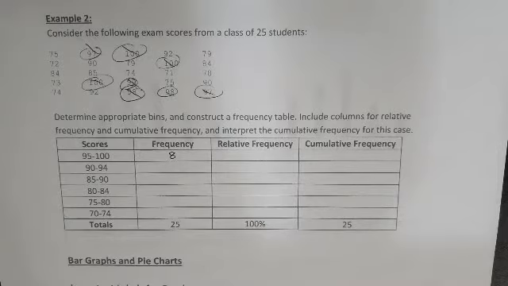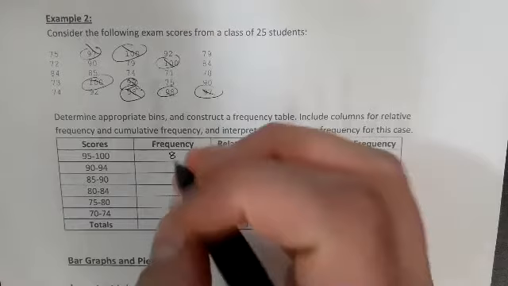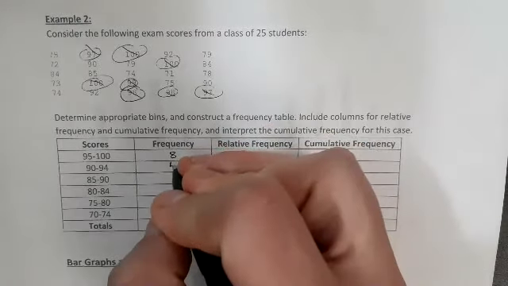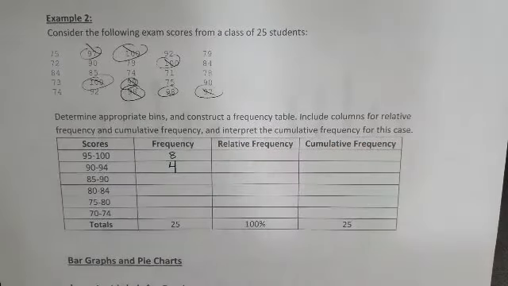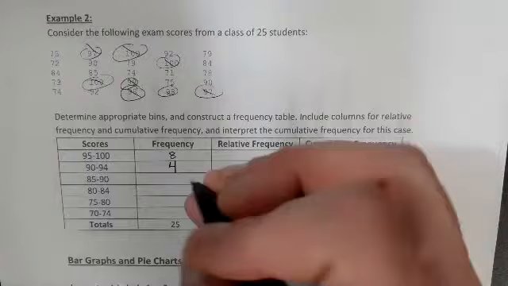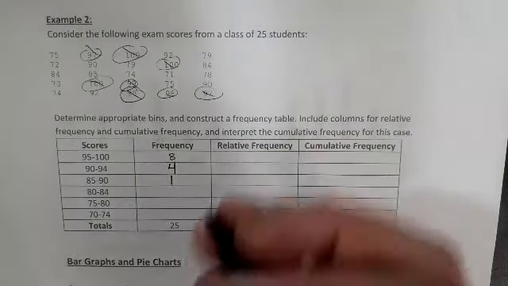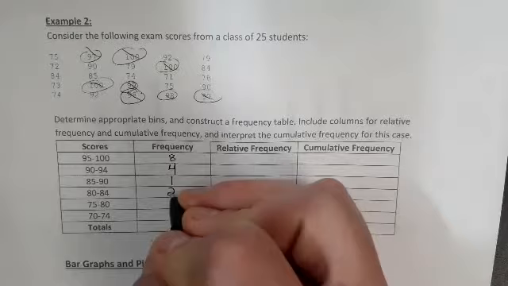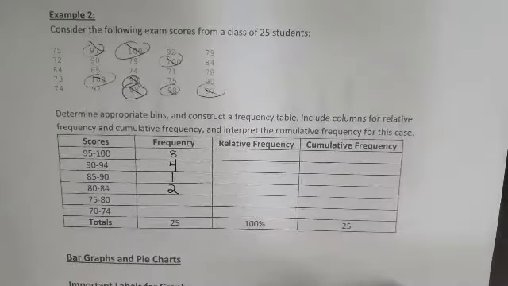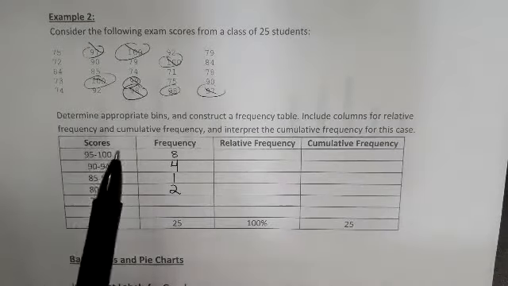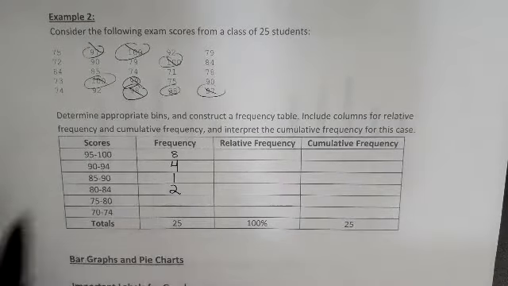You should be able to count every number between 90 and 94. You get that there are 4 numbers between there. Between 85 and 90, there is 1 number. Between 80 and 84, we get 2 numbers. So 95 to 100, we include the 95, we include the 100.